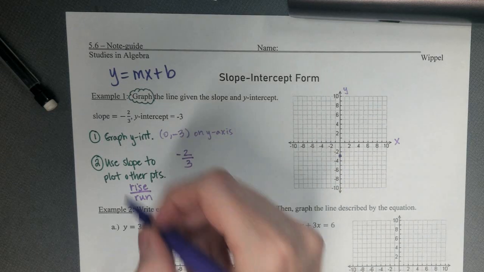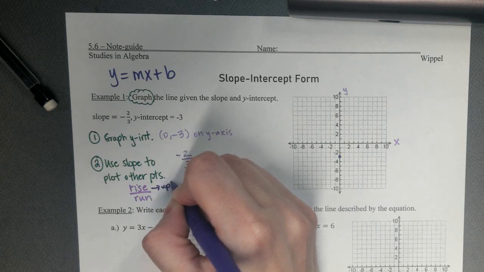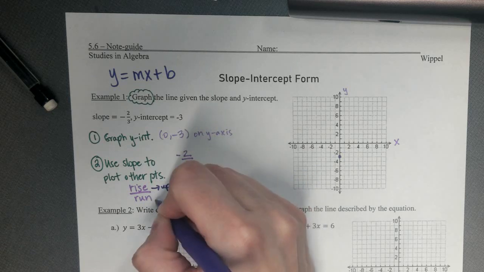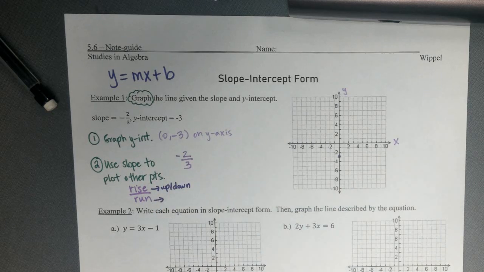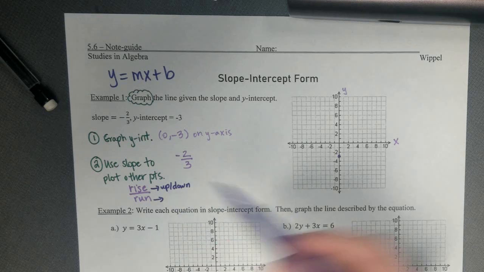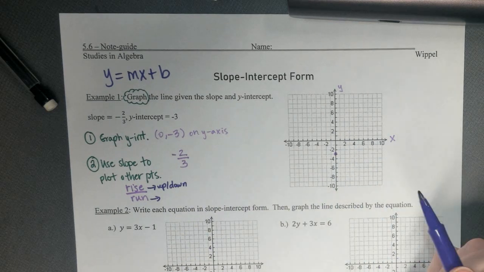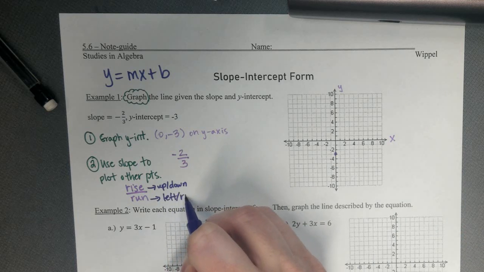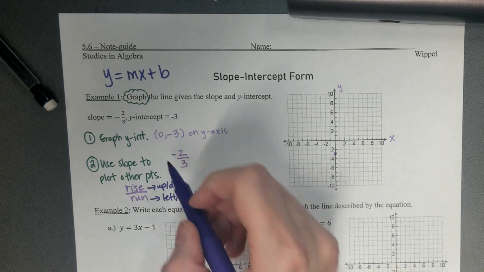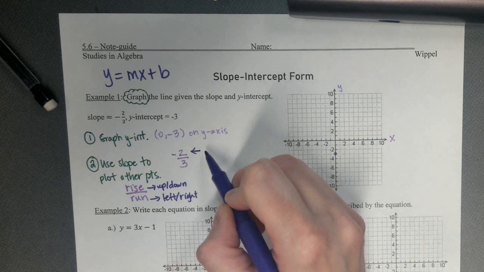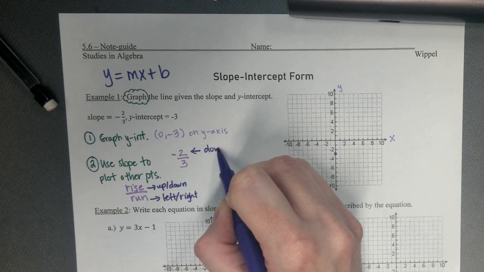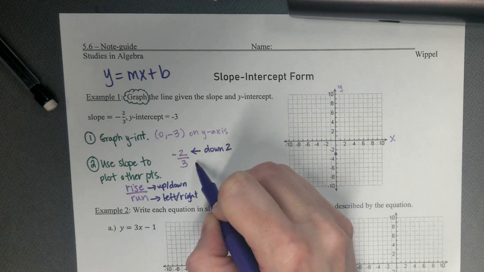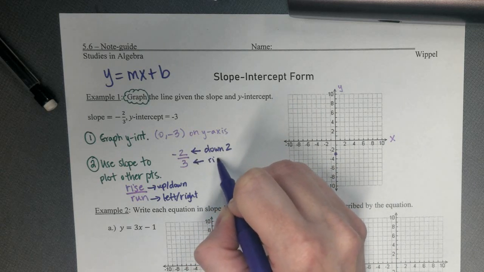So if the rise is up or down, that means the run is where? Left or right. Okay? So if it's negative, you go down 2. If this is positive, you go right 3.